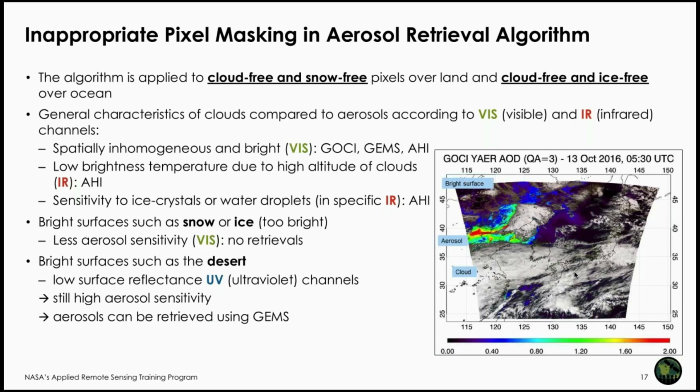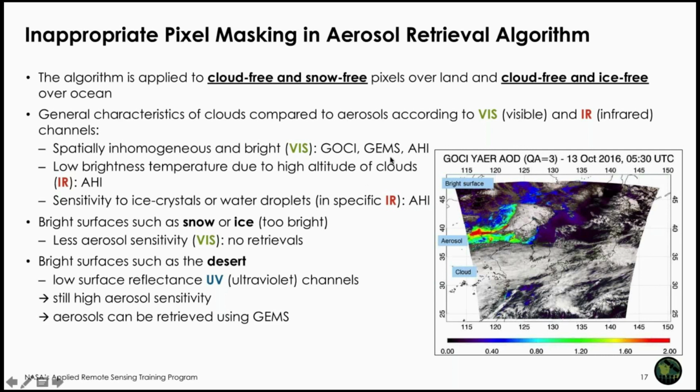The aerosol retrieval algorithm is applied to cloud-free and snow-free pixels over land, and cloud-free and ice-free pixels over ocean. General characteristics of clouds compared to aerosols are different for visible and infrared wavelength channels. The clouds are spatially inhomogeneous and bright in visible wavelengths, and have low brightness temperature due to high altitude.